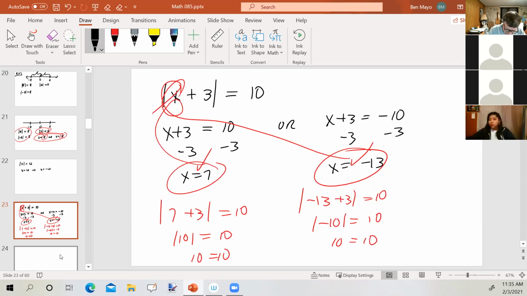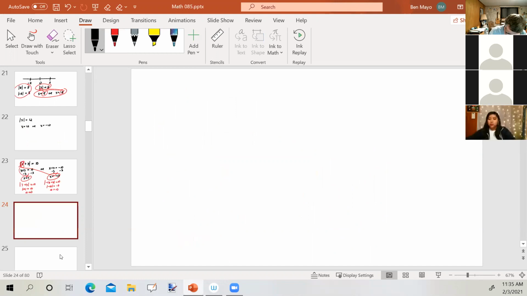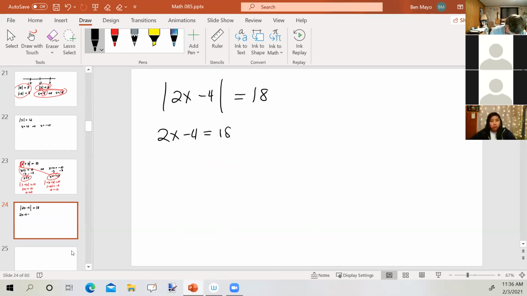All right, let's say we've got the absolute value of 2x minus 4 equals, let's say, 18. Okay, so that means that either 2x minus 4 equals 18, or 2x minus 4 could equal negative 18, or the opposite of 18.